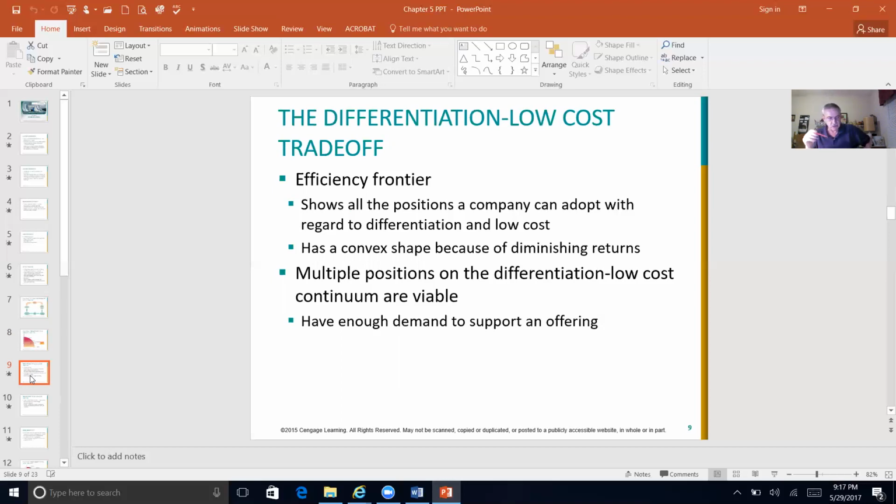The task for you and I as strategists and managers is to identify a position in our industry that is viable and where we can configure our functions and rearrange our organization to ensure that our business can run as efficiently and effectively as we can in order to reach that new frontier.